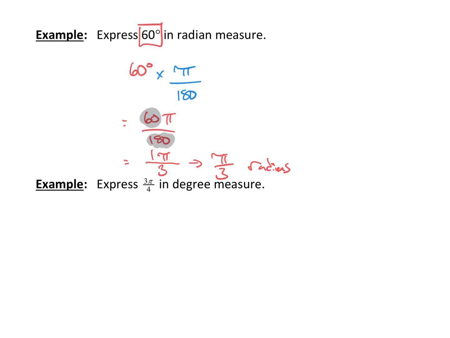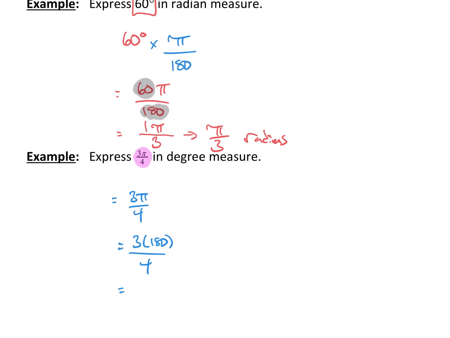Now let's go the reverse. Let's take something in radians and turn it into degrees: 3 pi over 4. We said earlier that pi is equal to 180. So I can replace pi with 180 and go 3 times 180 divided by 4.